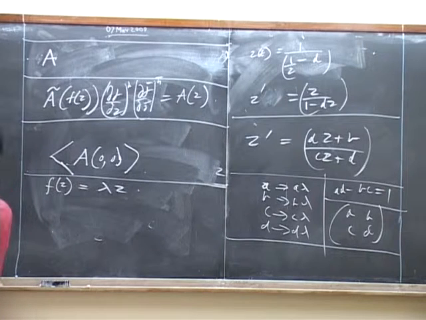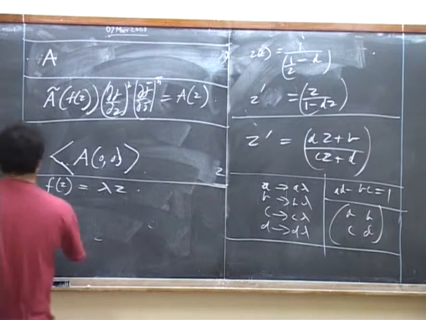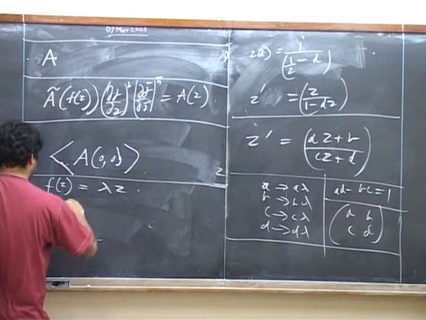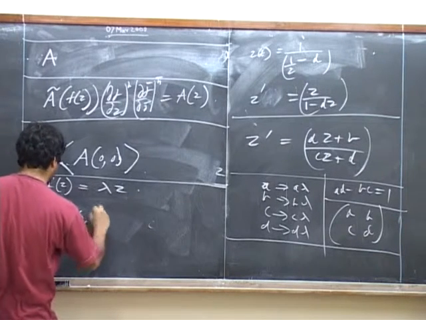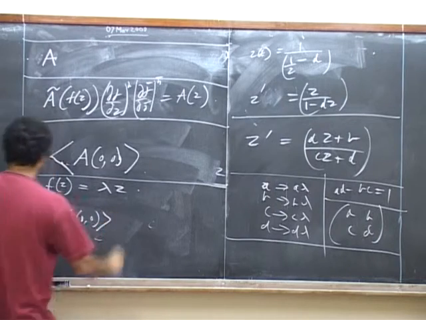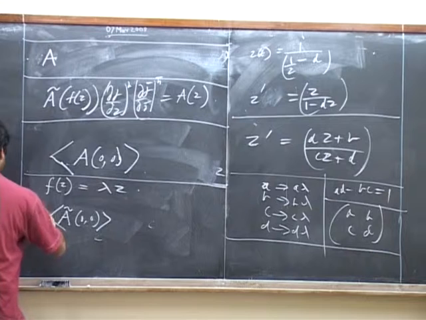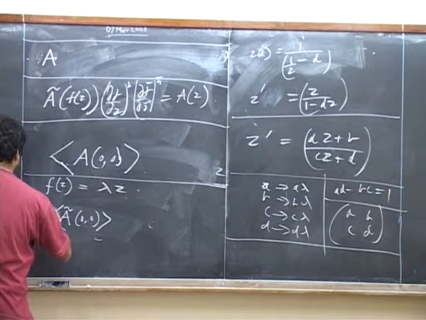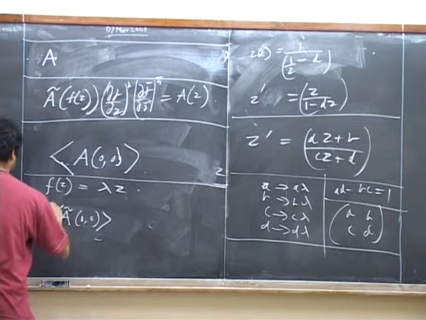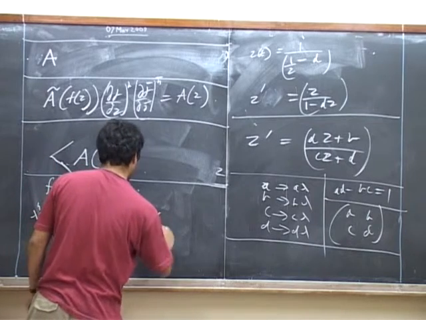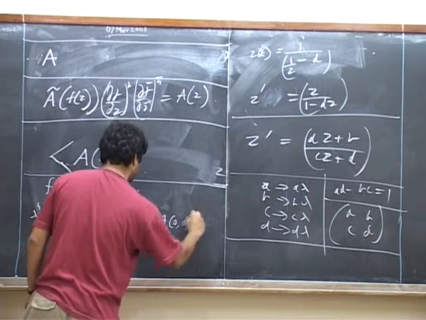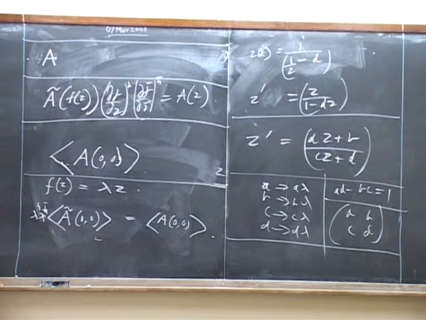We get that A tilde of (0,0) times (del f by del z), so that's lambda to the h, lambda bar to the h bar, is equal to A. But now what is this quantity?